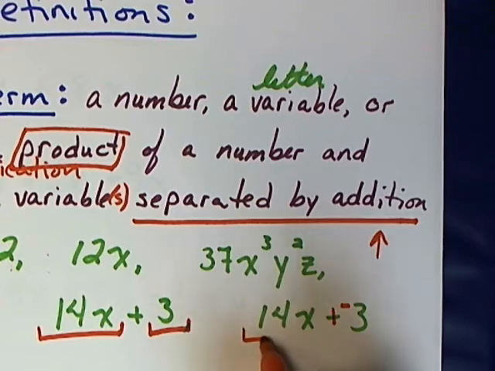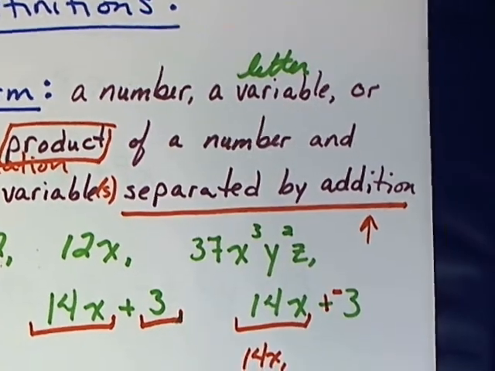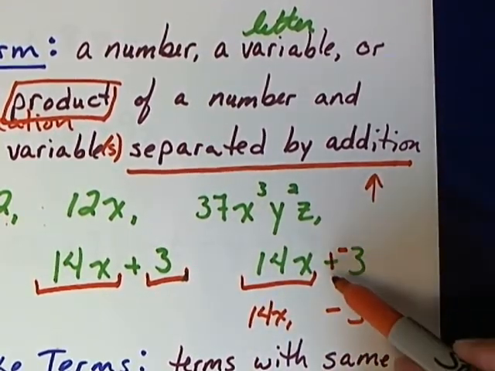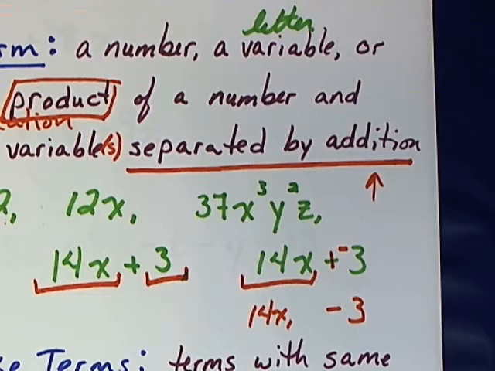So the first term is a 14x, and my second term is a negative 3. So the sign in front, which was a subtraction, makes that term negative. So the sign in front of the term goes with the term, if you don't want to do change. So the two terms on that one is a 14x, and the other term is a negative 3.